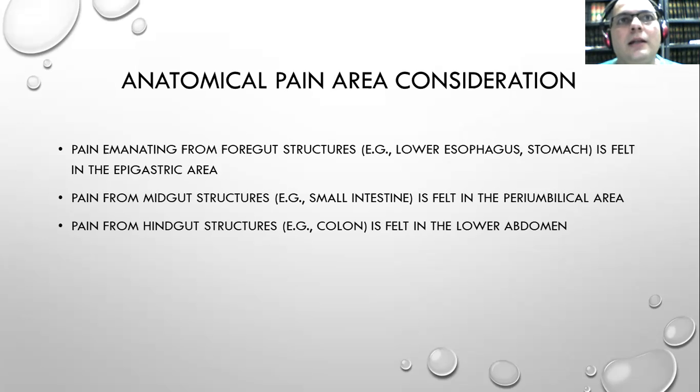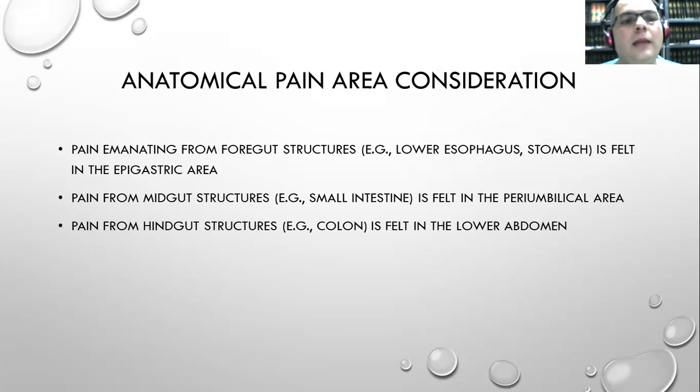The periumbilical area has the middle three quadrants, that is the periumbilical or the umbilical quadrant, and the two flanks, or what we call the two lumbar areas. And we have three quadrants again in the hypogastrium, where we have the hypogastric area or the infraumbilical area, and the right and the left lower quadrants of the abdomen, or what we call the iliac fossas.